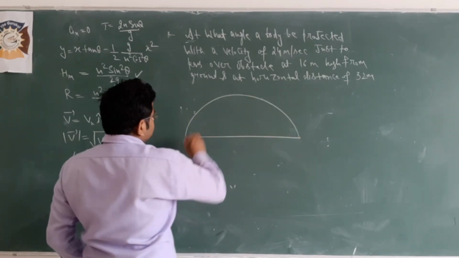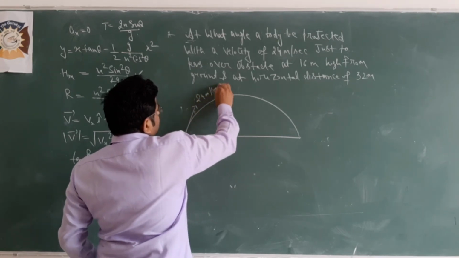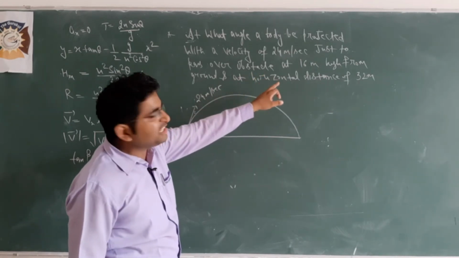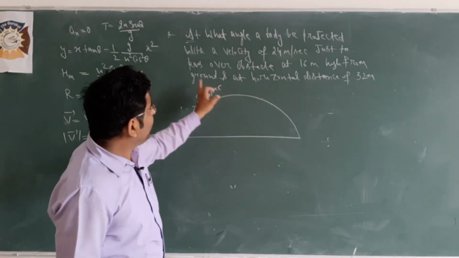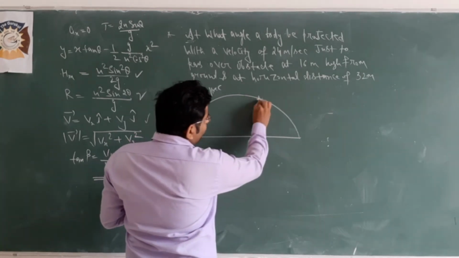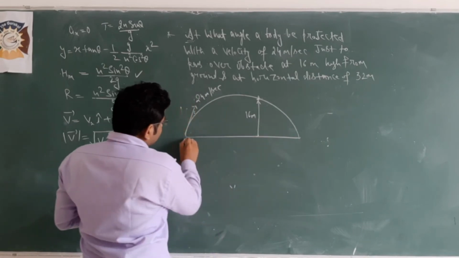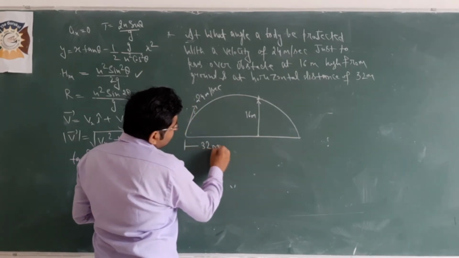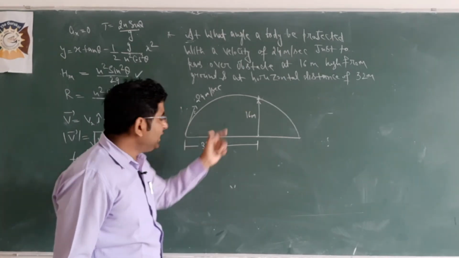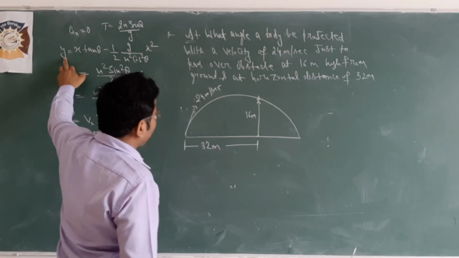It's a data: u is equal to 24 meter per second. The obstacle is 16 meter high from the ground, and at a horizontal distance of 32 meter. So this is the value of y and this is the value of x. Clear?